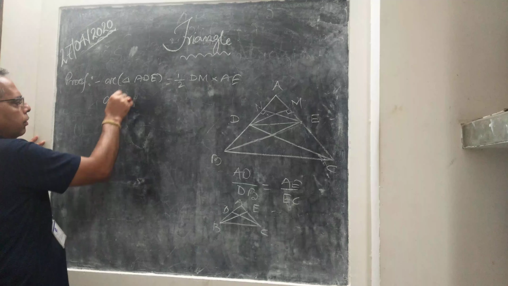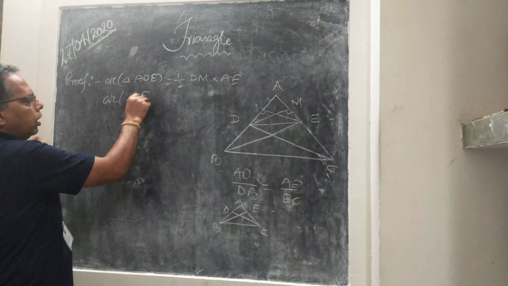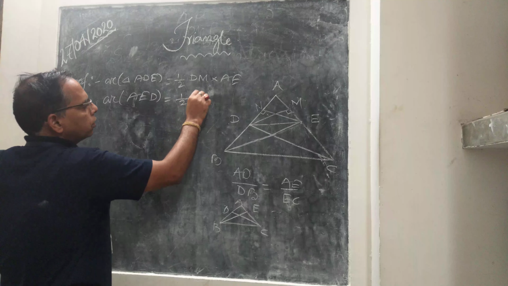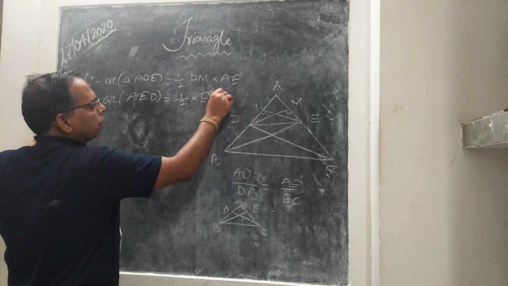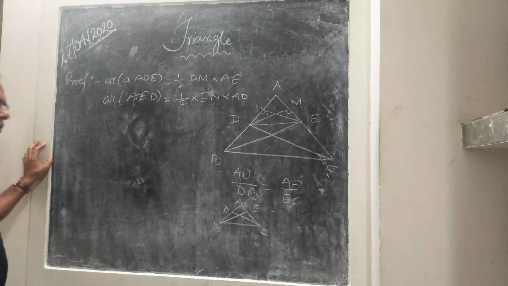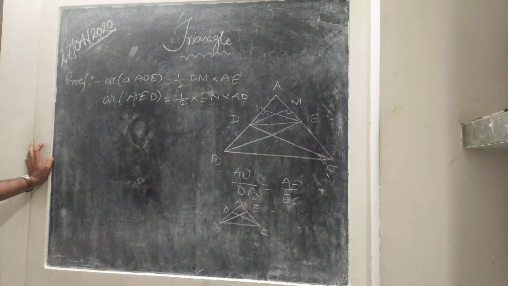Here, area of triangle AED equal to half into EN into AD. Got? This is the first one.